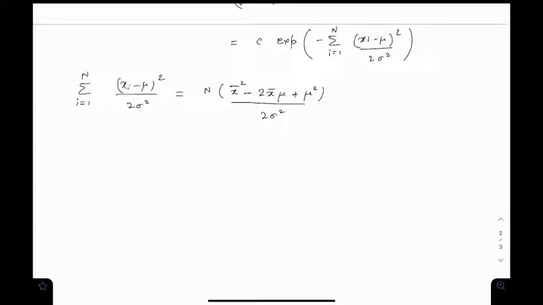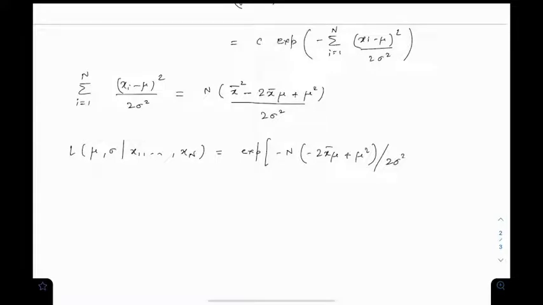Then the likelihood will factorize as follows. Only the first factor depends on mu.